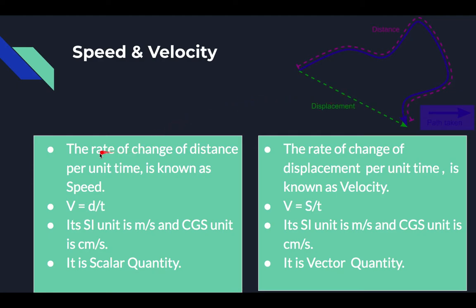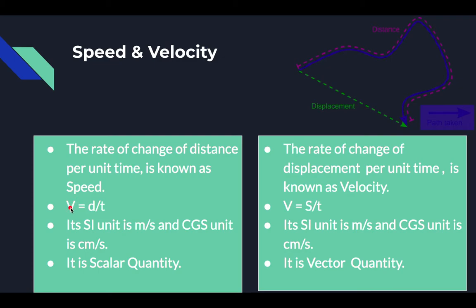That is why the speed definition is the rate of change of distance. Whenever it travels, it changes the distance. The rate of change of distance per unit time, because whenever it travels the distance, it takes some time to reach from one point to another, is known as speed.